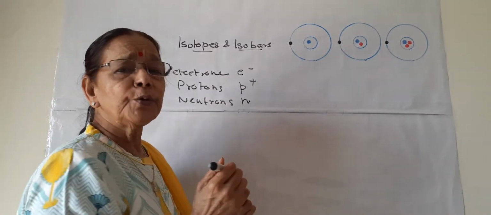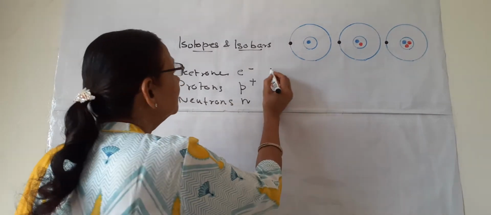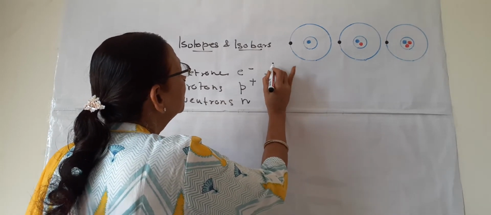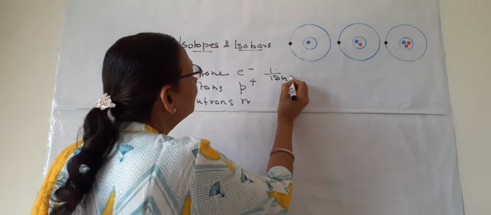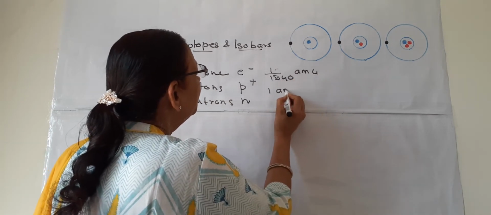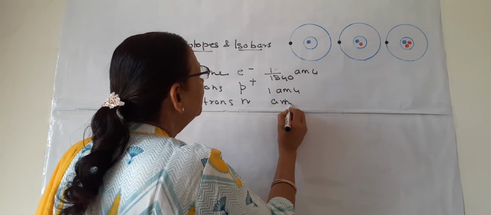And if you want to know the mass of these subatomic particles, relative mass, it is taken as 1 upon 1840 AMU for the electron. This is 1 AMU and this is also 1 AMU.